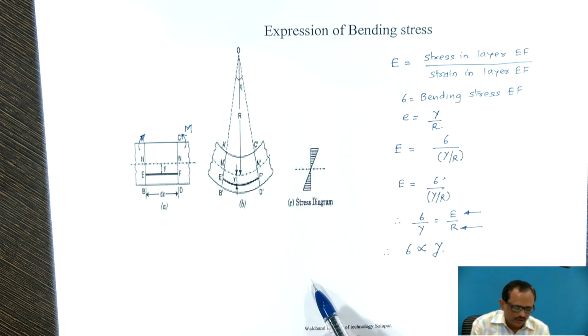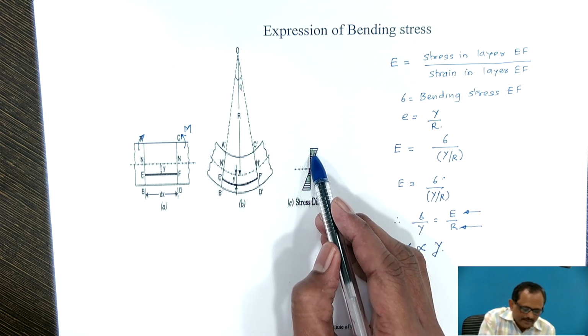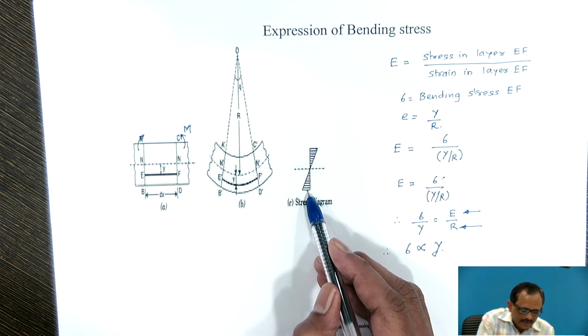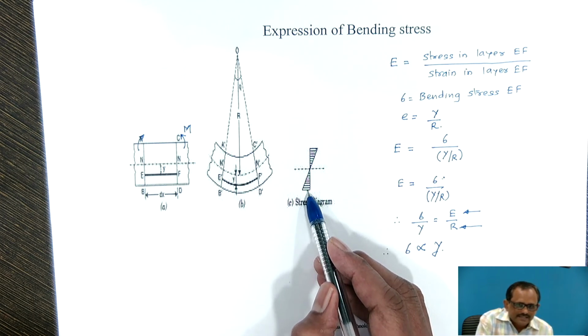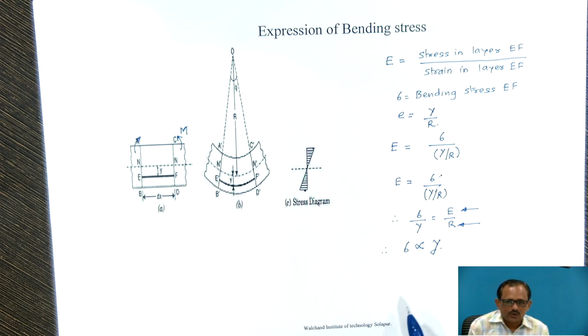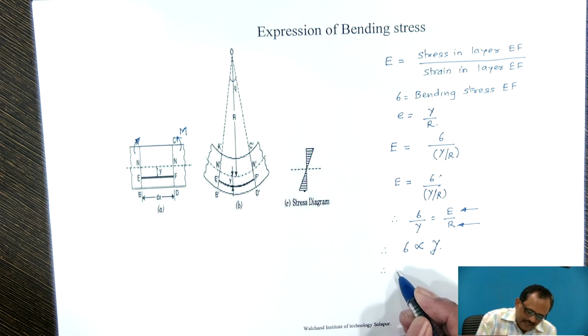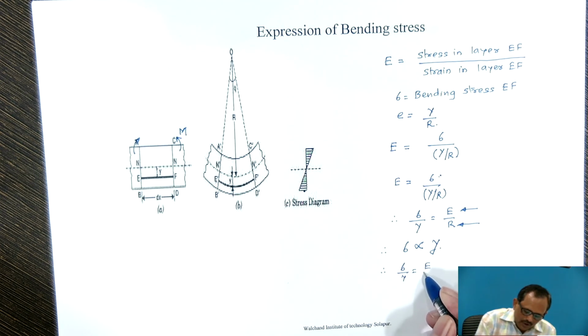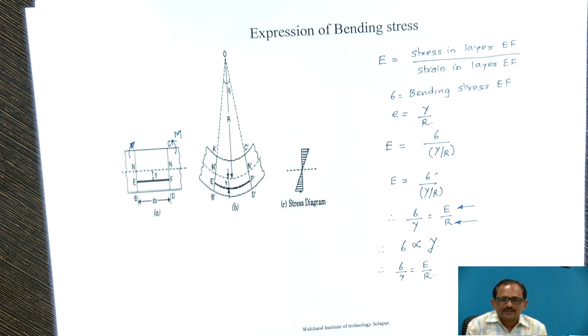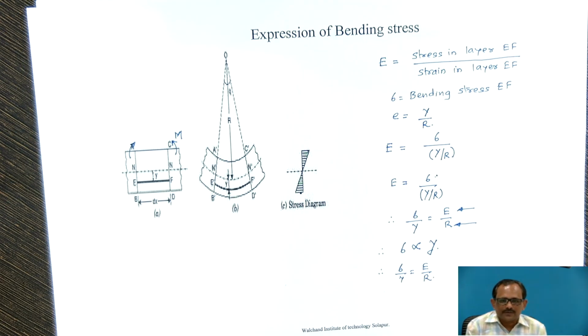Therefore, maximum compressive stress occurs at the top layer and maximum tensile stress occurs at the bottom layer. So the equation is sigma by y is equal to E upon R, and we can find the magnitude of the bending stress from this equation.